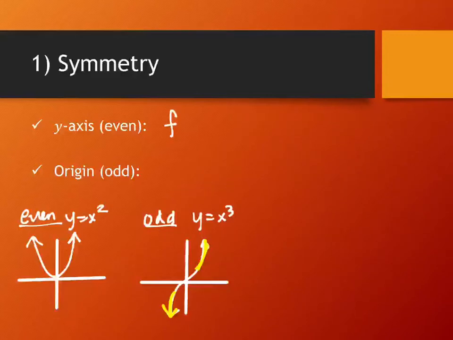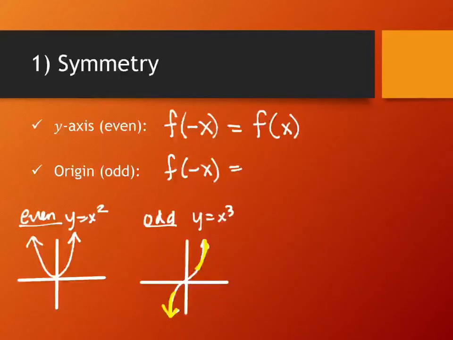What we're actually going to do is take our function and replace it with a negative x. So all the x's become negative x. This is the test for even or odd. If the graph is even, then the function doesn't change. It will look exactly the same when you have negative x in there as when you had x in there.